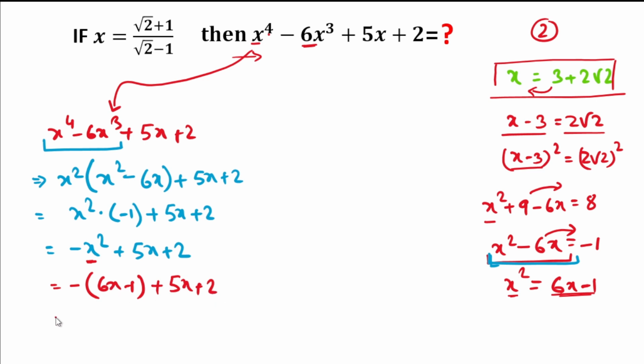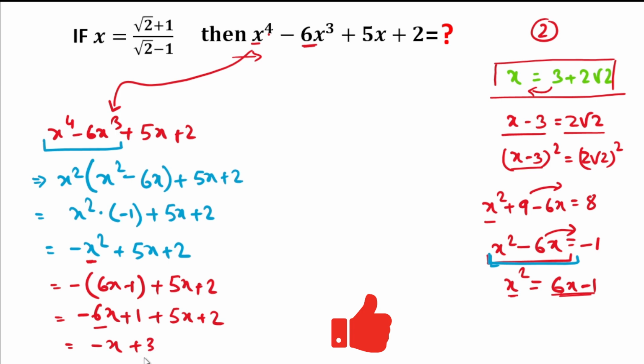Now we'll multiply it by minus, so it is minus 6x, and minus minus plus 1, plus 5x plus 2. So here negative 6x and plus 5x is negative x, and 1 plus 2 is 3. Now here we have calculated the expression value is minus x plus 3, so we'll write it here, it is minus x plus 3.